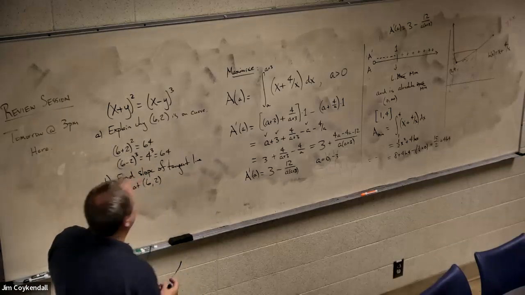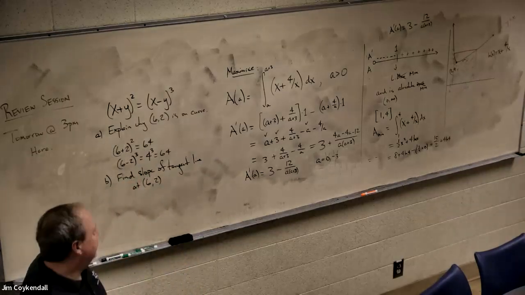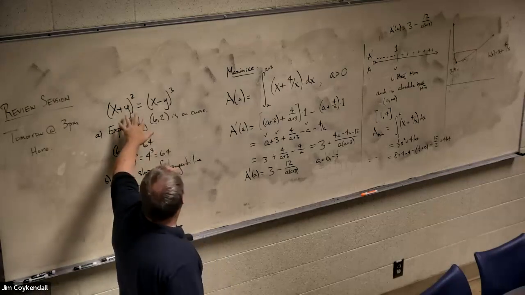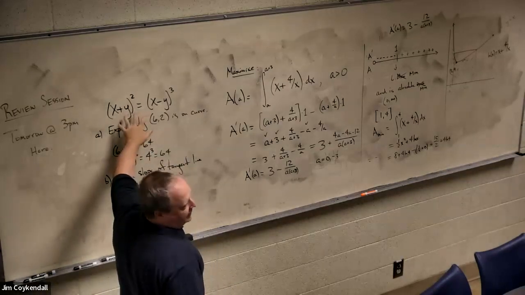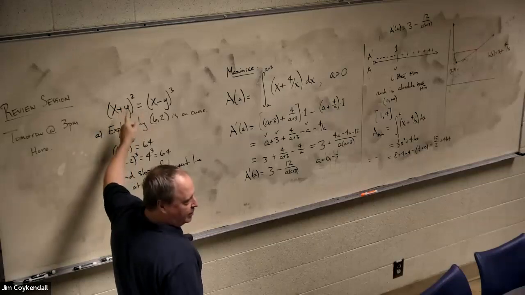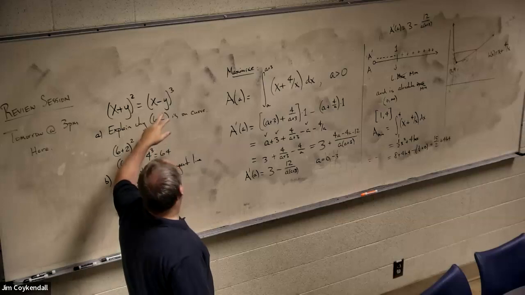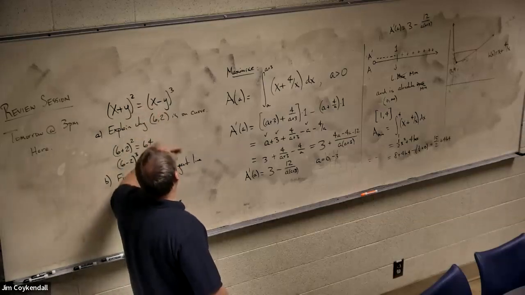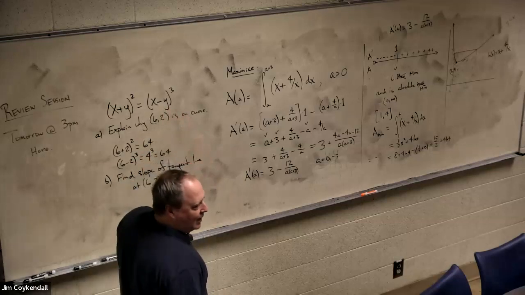Okay, so now this is a job for implicit differentiation, because to solve this for y is very, very complicated, right? You do this terrible thing, you get x squared plus 2xy plus y squared is x cubed minus 3x squared y plus 3xy squared minus y cubed, and you have to solve for y.